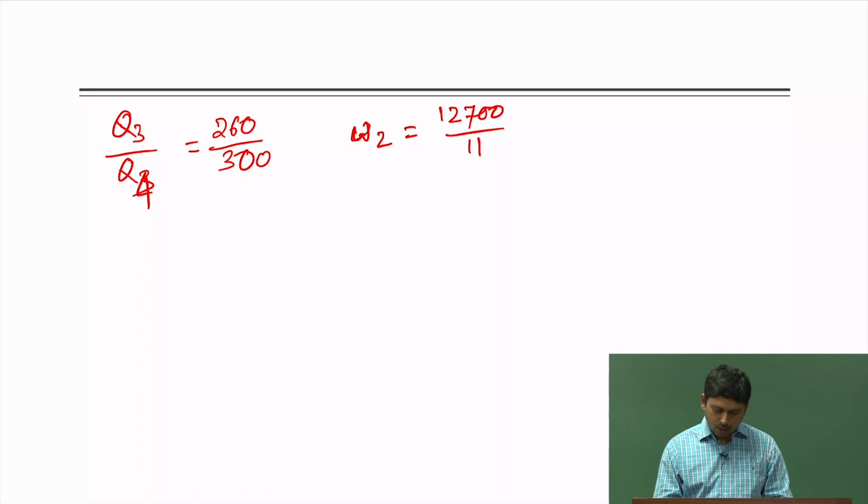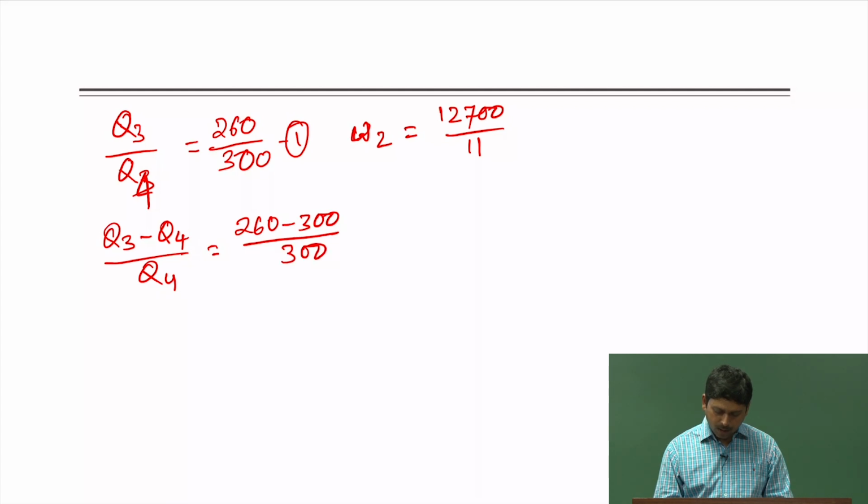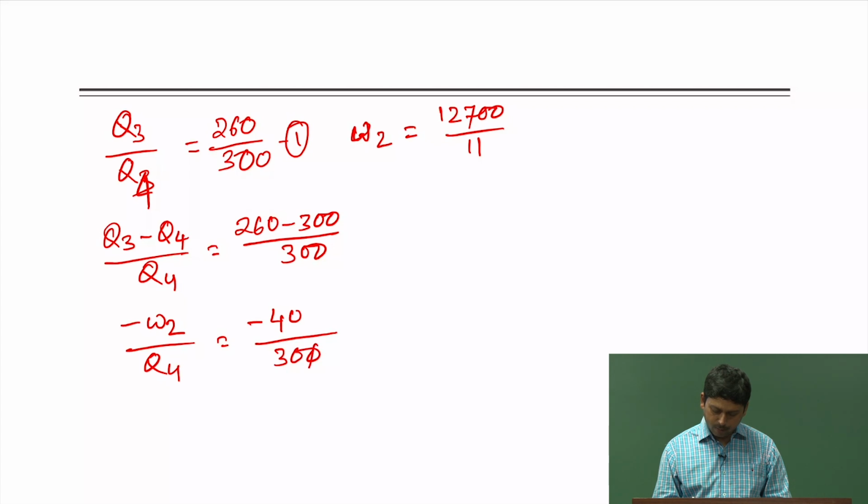Q3 by Q4. So, let us subtract 1 from both sides of this equation 1. We are going to get Q3 minus Q4 by Q4 is equal to 260 minus 300 by 300. Q3 minus Q4 is minus W2 by Q4 is equal to minus 40 by 300, which is 2 by 15.